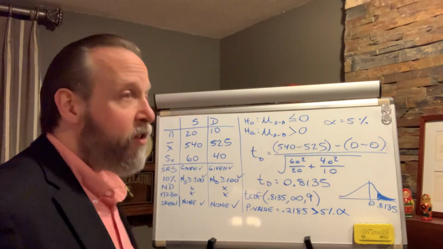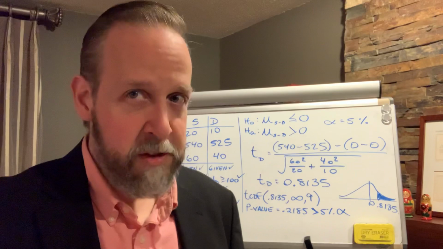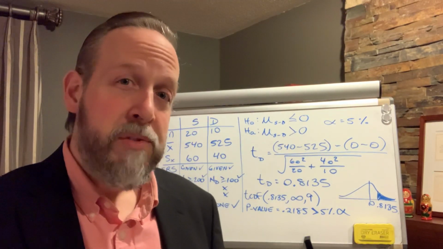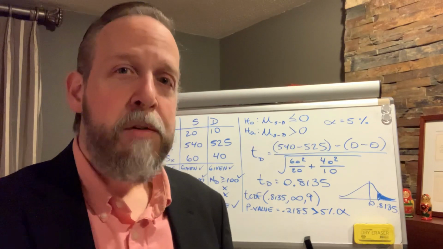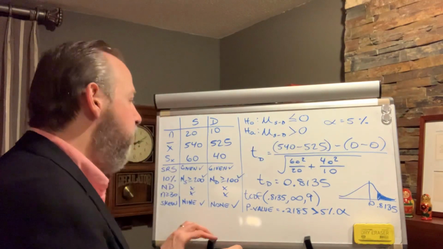What is your decision when your p-value is greater than alpha? Please get this right. It's the same thing each and every time. If your p-value is higher than your alpha level, you fail to reject the null. We cannot reject the null.